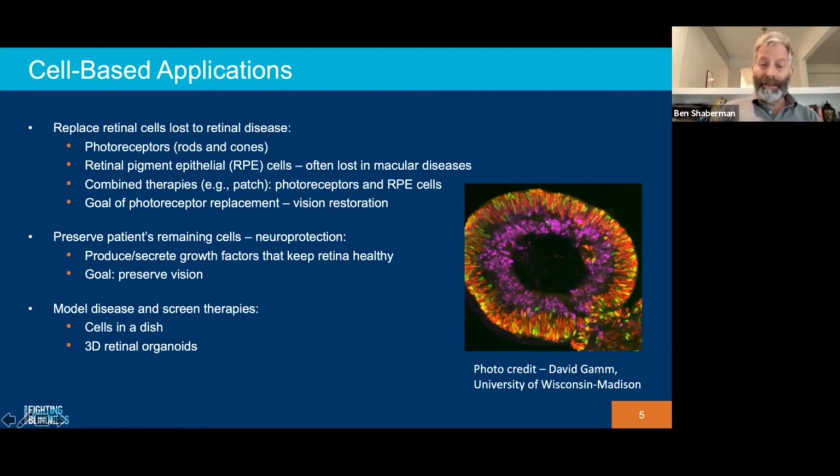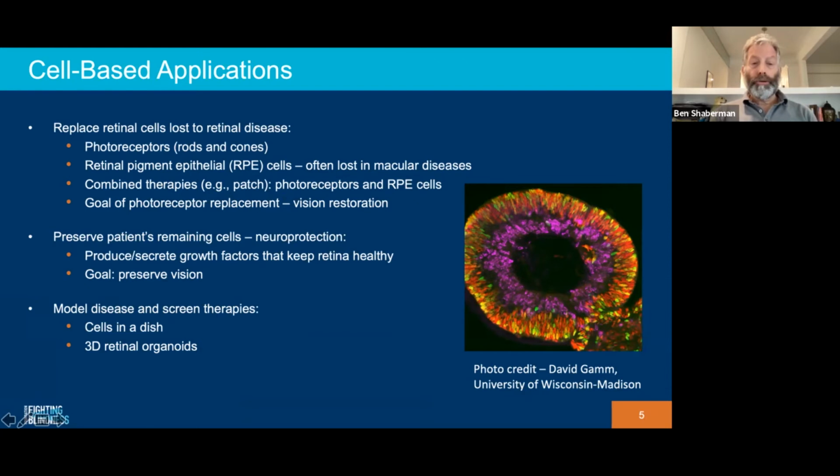And by replacing these lost cells, the goal is to restore vision. Now, what's coming down the pike are combination therapies where you're replacing both photoreceptors and RPE cells, because often in conditions, especially macular diseases, both photoreceptors and RPE cells are lost, so you need to replace both.